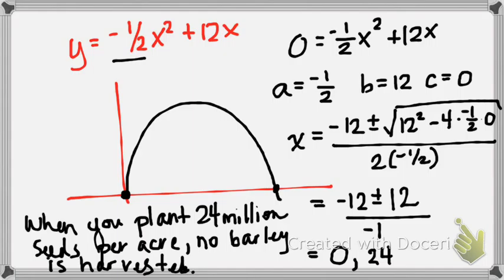An easy way to check this answer is to go ahead and take 24 and input it into this quadratic function. And you will find if x is 24, then y is 0.